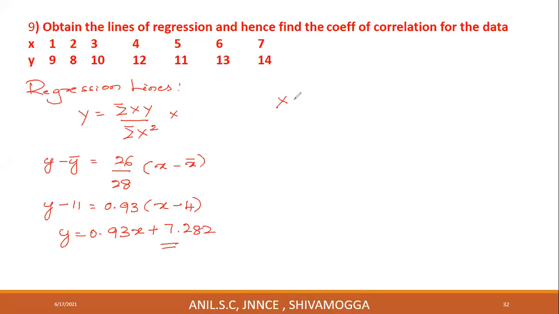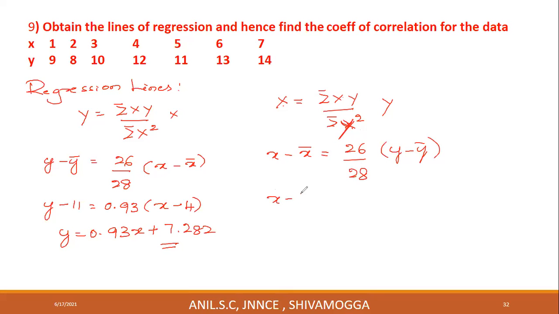Next, the other line of regression is summation X is equal to summation XY divided by summation X square. I'm sorry, not X square, Y square. Summation Y square into capital letter Y, and this capital letter X is X minus X bar. This is equal to summation XY, 26, divided by summation Y square, 28, into capital letter Y, which is Y minus Y bar.